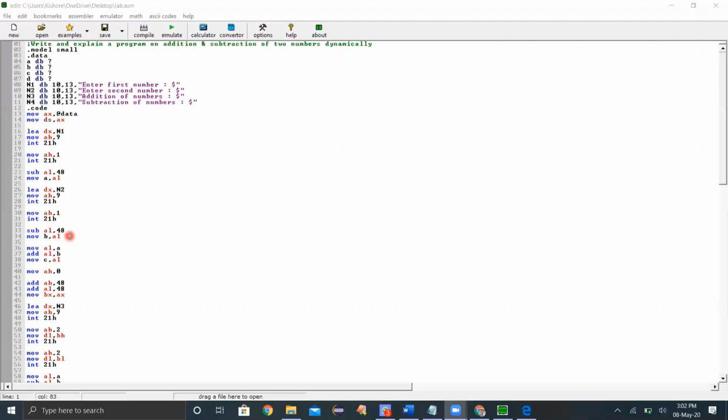Next, again we use the subtraction operation because the value is converted into a decimal value. We use this, and the AL value is stored in the B value.